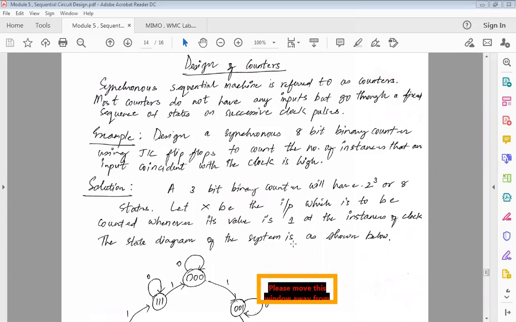Without a clock, things wouldn't synchronize. When I say synchronize, at a particular instant of time, something has to happen. If that doesn't happen, then we can say that things are not happening on time. That's the meaning of a clock.